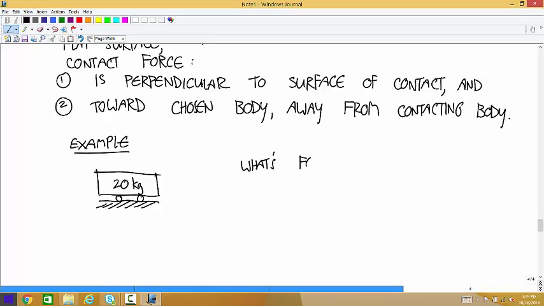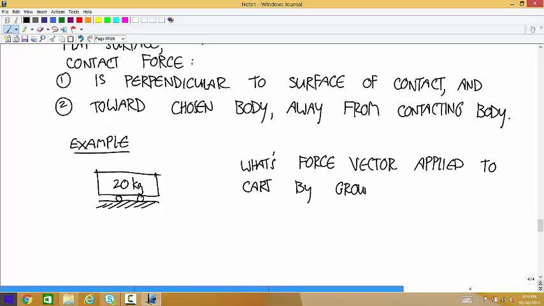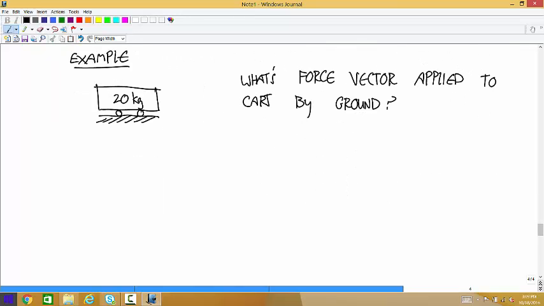And we want to know what's the force vector applied to the, I'll call it a cart, by the ground. Well, the chosen body is the cart.